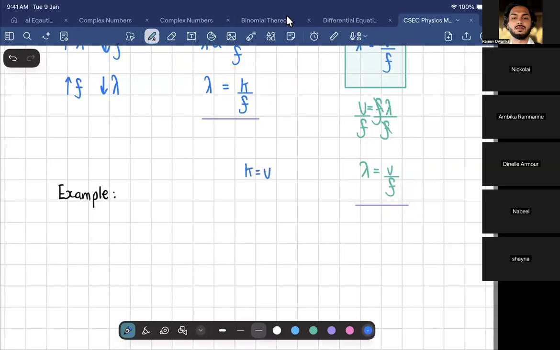Like, when we were doing Hooke's law, does anybody remember Hooke's law over here? Anybody?